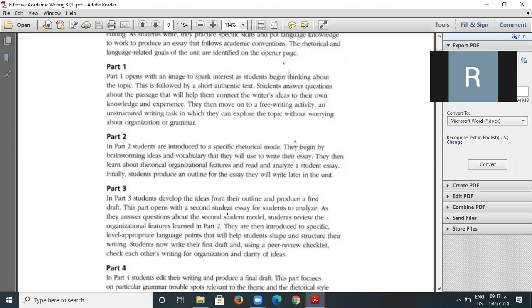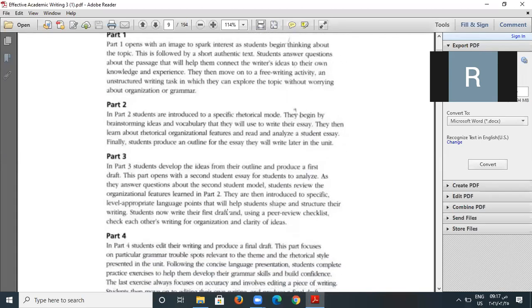Okay? Now, students at this stage write their first draft, and we can use a peer review checklist. Now here, the goal of this checklist is to be sure that you have not forgotten anything related to writing an essay. Okay.